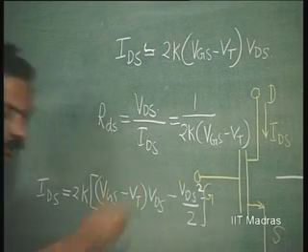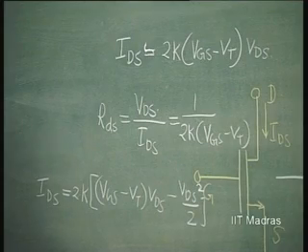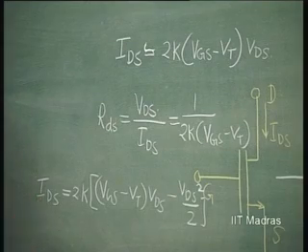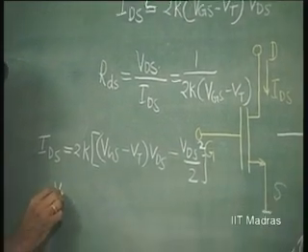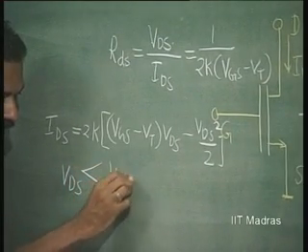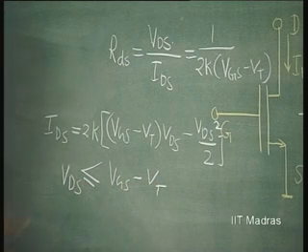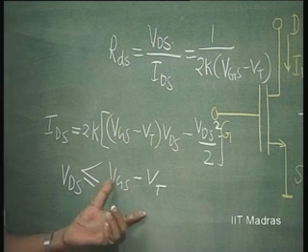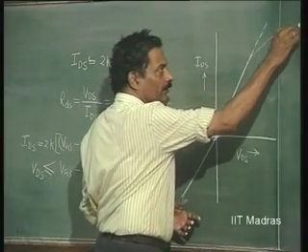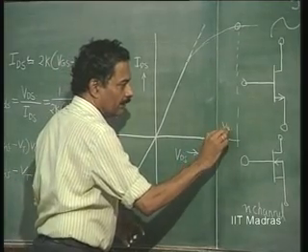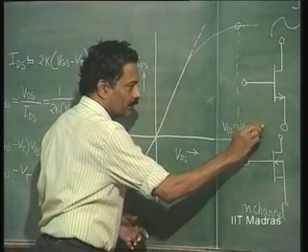Now, suppose I want to use this as a good linear resistor in this region. This equation is valid for VDS less than or equal to VGS minus VT. That is called the triode region. This is valid until pinch off is reached, and that voltage corresponds to VDS equals VGS minus VT.